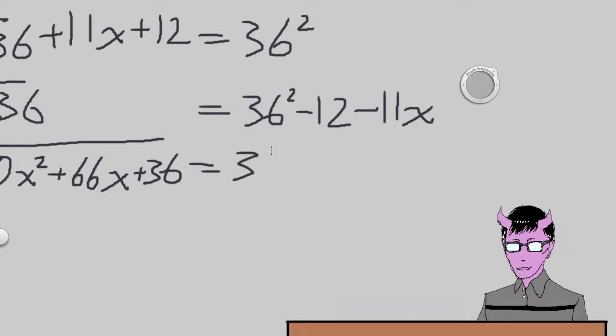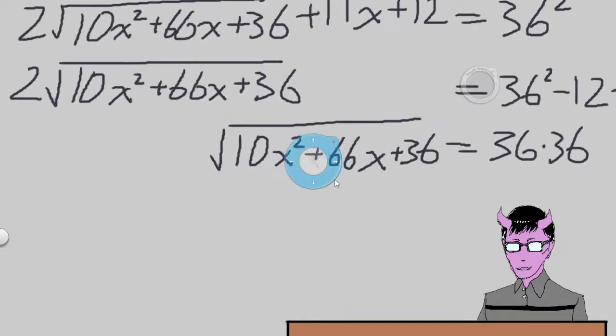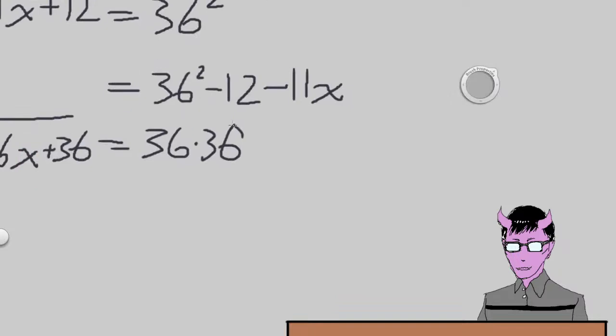It's technically 36 times 36. We're only dividing by 2, so only one of those 36's gets divided by 2. So therefore it becomes 18. This one divided by 2, 6. That one divided by 2 is unfortunate. There we go.